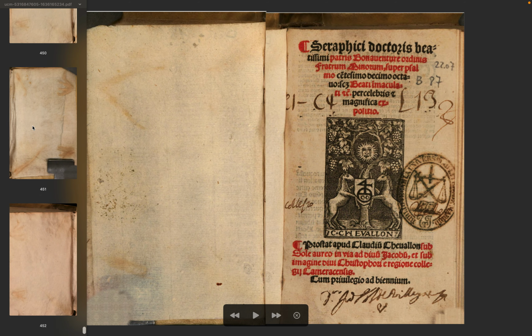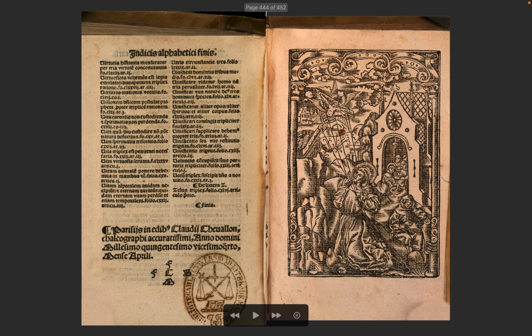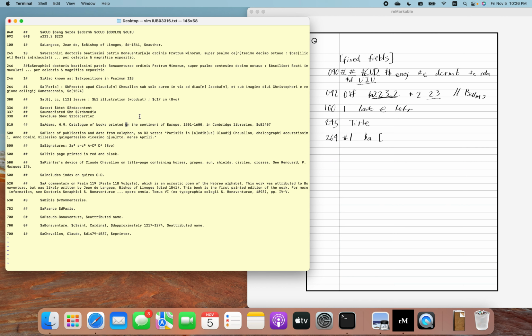Flip to the colophon, which tells us that Claudius Chevallon printed it in the date 1542 in Paris. So we'll just say that we have successfully transcribed this information.